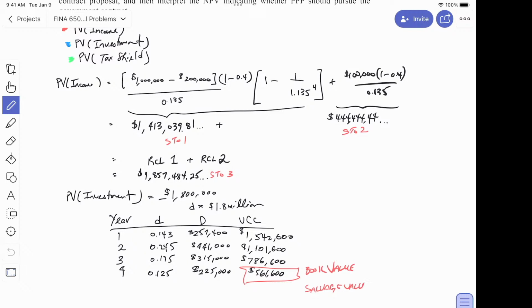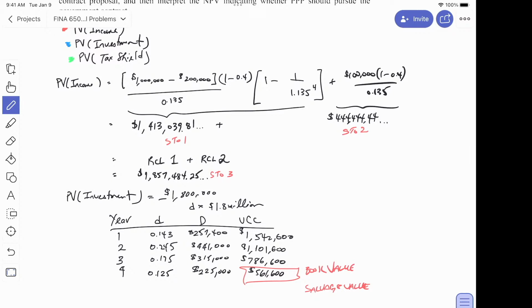In the second year, why is it not 0.286? Did I write the wrong number? Well, I'm going by the maker's table, right? If you did the table differently, you can use 0.286 and then subtract from the UCC. I'm not sure what you did. Are you using the maker's table? No. Oh, you're doing it a different way. I was just taking it and subtracting each. Do you get the same answer in the end? 561,600? No, I didn't do it completely.